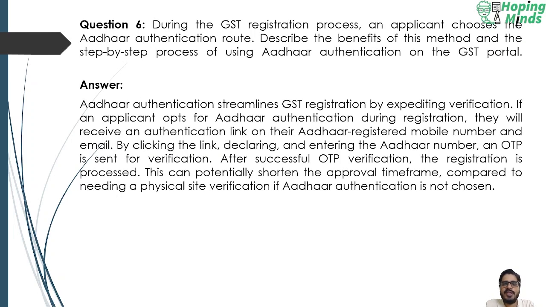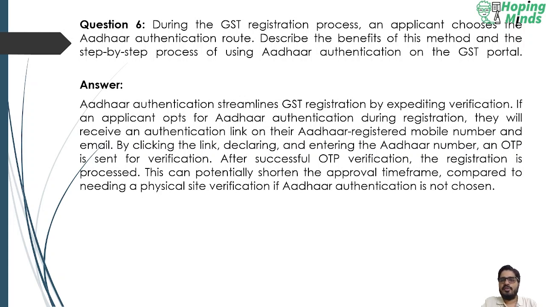Next, during the GST registration process, an applicant chooses the Aadhaar authentication route. Describe the benefits of this method and the step-by-step process of using Aadhaar authentication on the GST portal. So what is an Aadhaar authentication route?